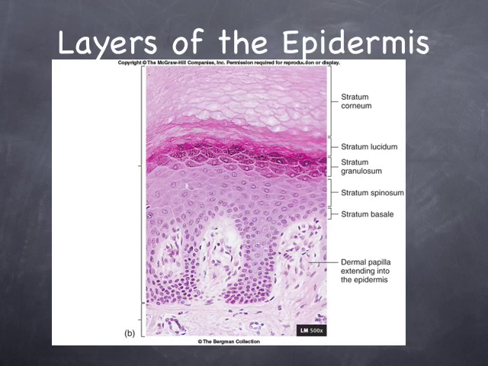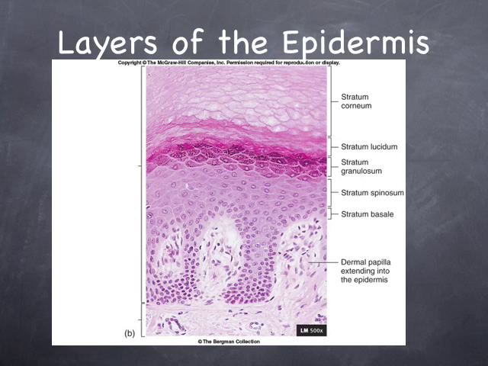Do you see the wavy appearance here? See the dermal papilla? The lighter area here is connective tissue. The darker area is epithelium. See how you get that undulating? That helps bind the connective tissue and the epithelial tissues tightly together.